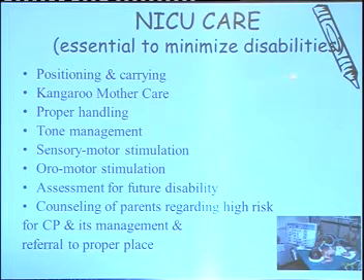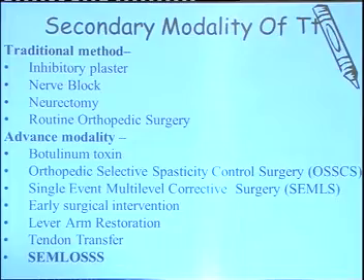Kangaroo mother care: nurse the infant like a kangaroo nurses its baby. This is the best posture to prevent disabilities and deformities. Proper handling, tone management, sensory motor stimulation, oromotor stimulation, assessment for the future. I'm not going into detail because I don't know much about this myself, but it's a new branch and is very useful. You can reduce your disabilities and treat the patients well.